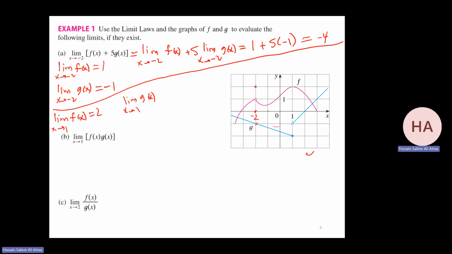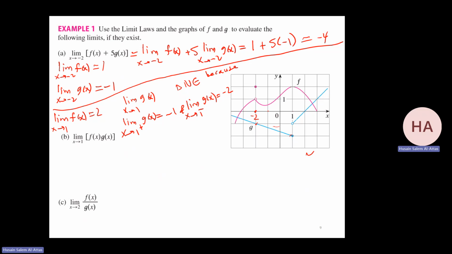The limit does not exist. Why? Because as x goes to 1 from the right, more than 1, it will be here, that will be minus 1, and as x goes to 1 from the left, less than 1, it will be here, that will be minus 2.